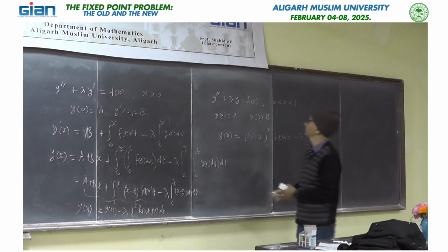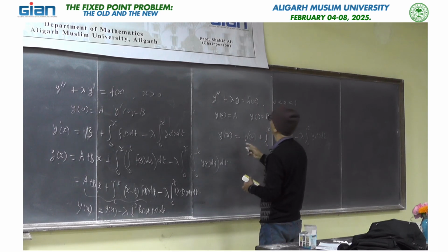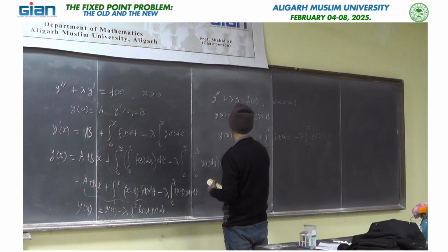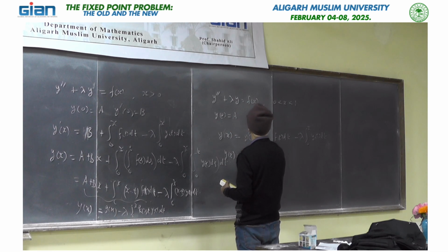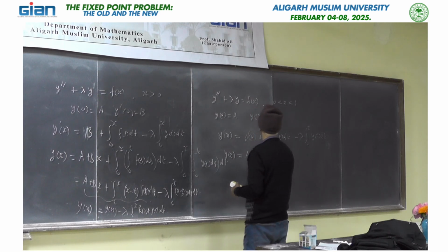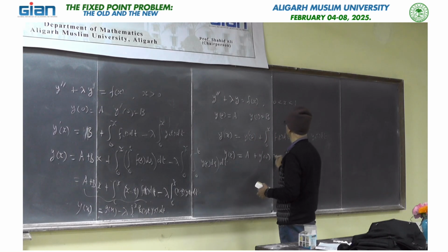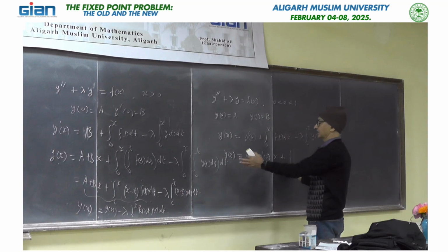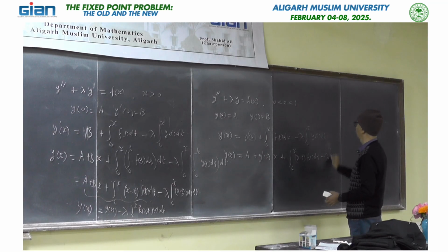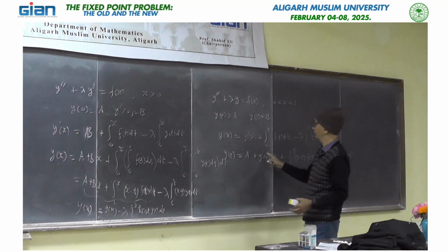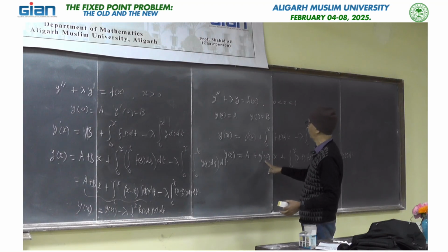Is that okay? Now again integrating it, you get y at x. Now y(0) we know, so y(0) is a, plus y prime(0) x, plus these things you get in the same way: the integral from 0 to x of (x minus t) f(t) dt minus lambda times the integral from 0 to x of (x minus t) y(t) dt.